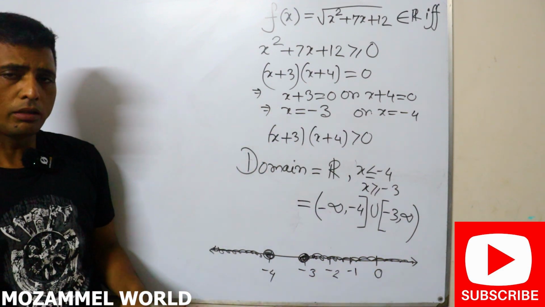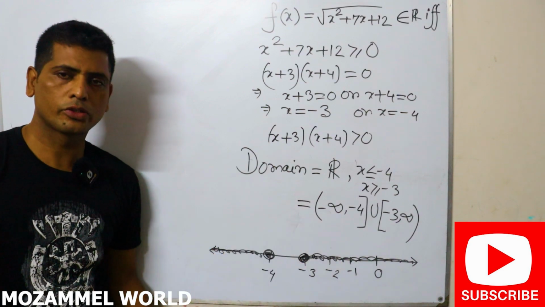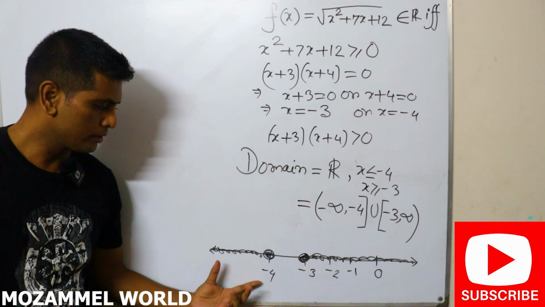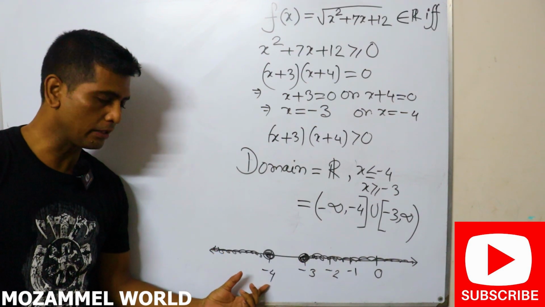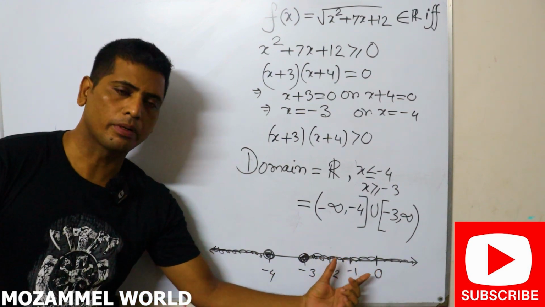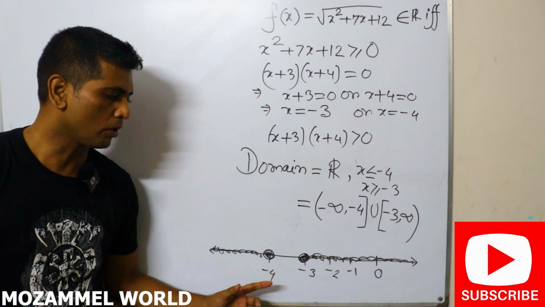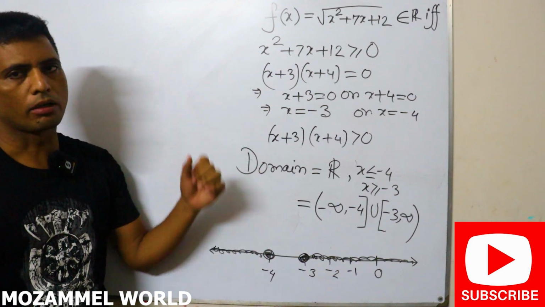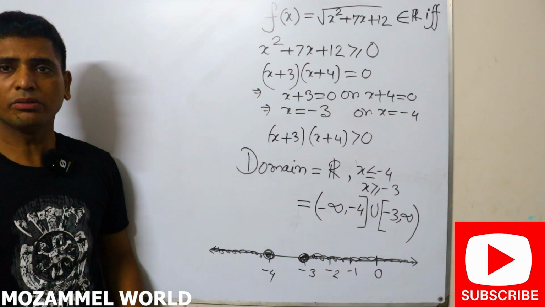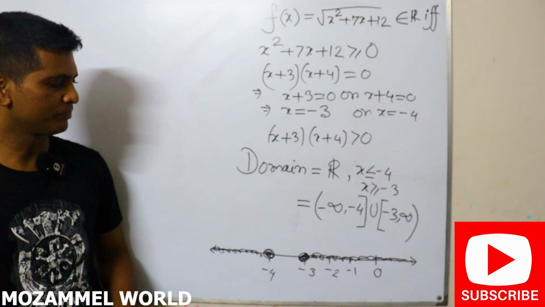So already I represented this domain on the number line. This marked part including minus 4, and this marked part including minus 3, contain the domain of this function.